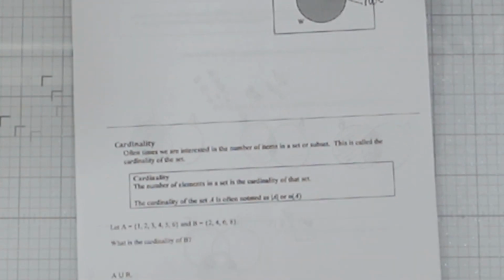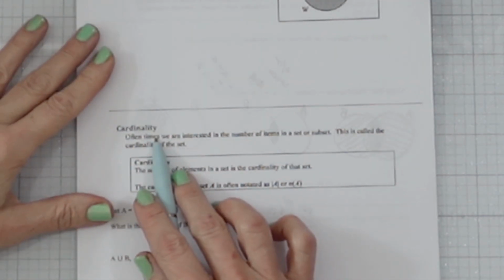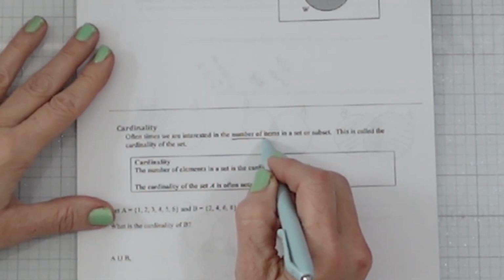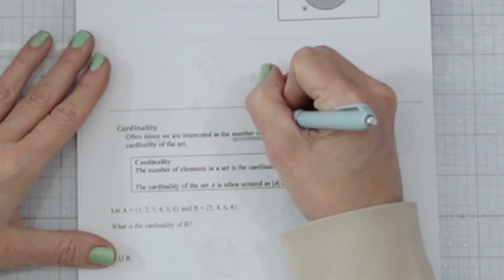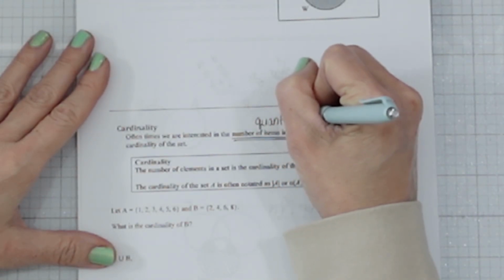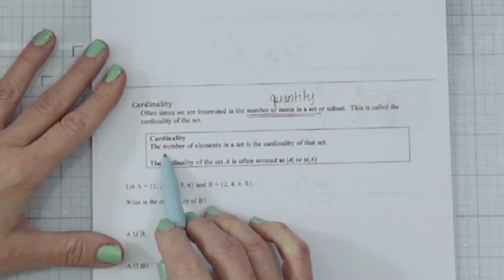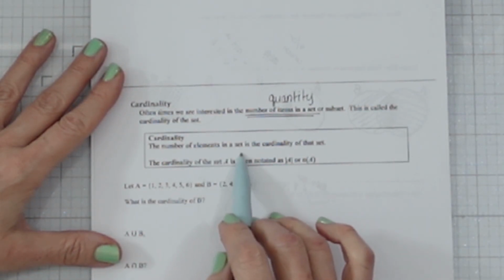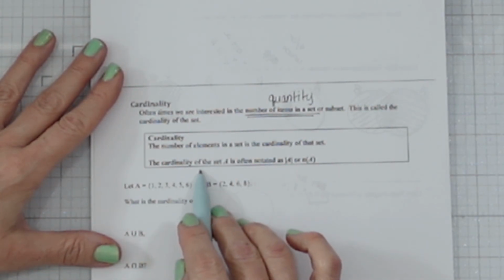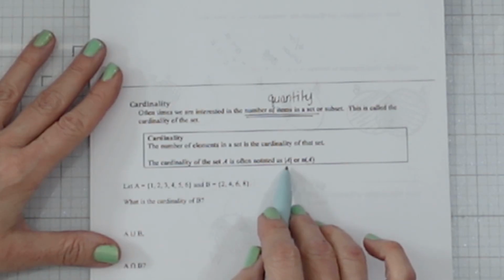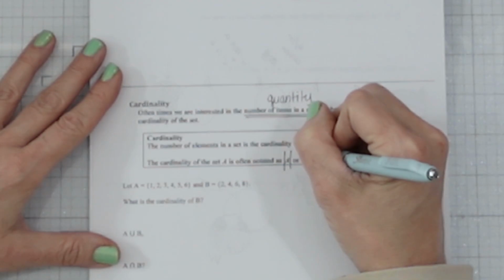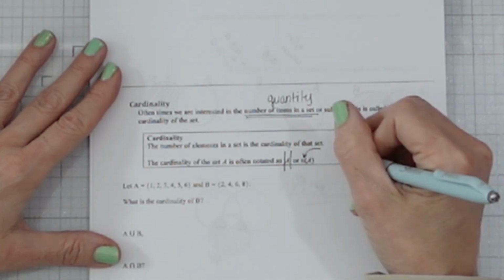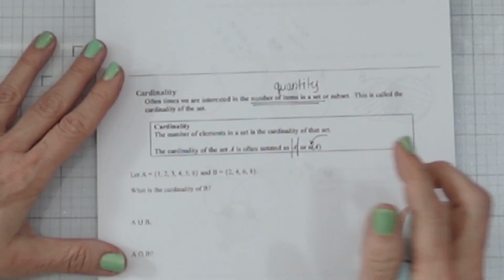All right, cardinality. Cardinality is just literally the number of items in a set. So how many? This is quantity. Cardinality is the number of elements in a set. The cardinality of set A is often notated with these bars right here, or usually a little n at the front, and I usually use this one.